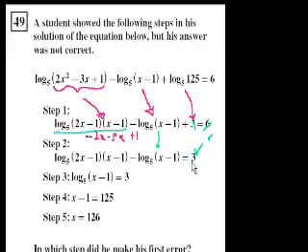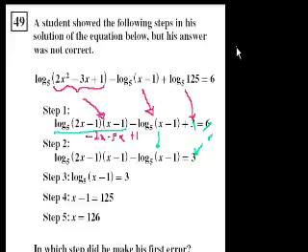This is interesting. He essentially said, if I am subtracting two logarithms with the same base, that's the equivalent of dividing the two things. So he kind of did a quick step here.